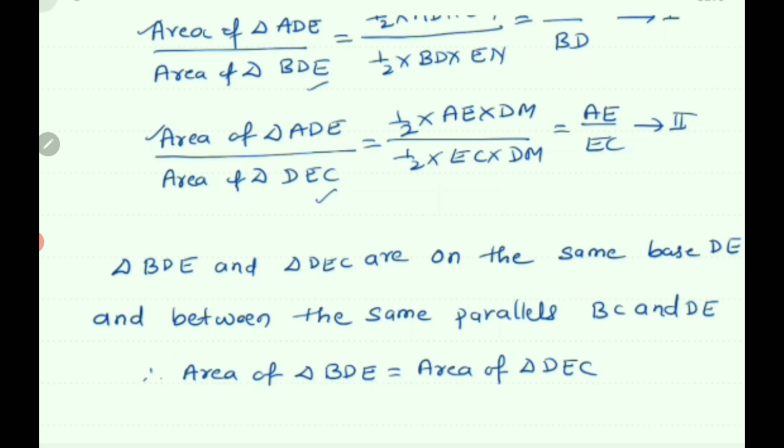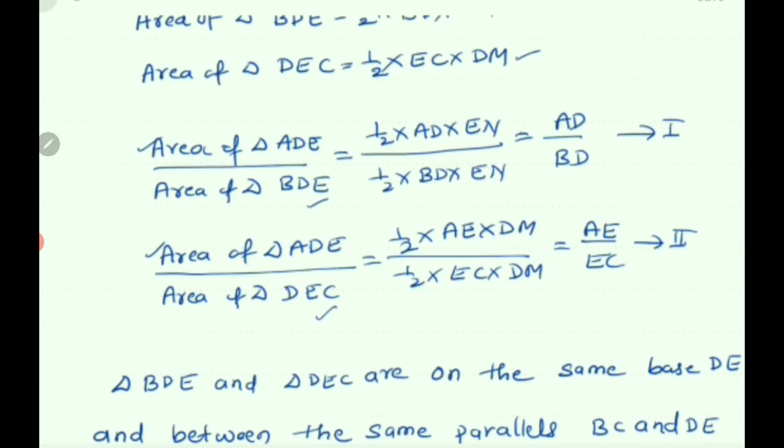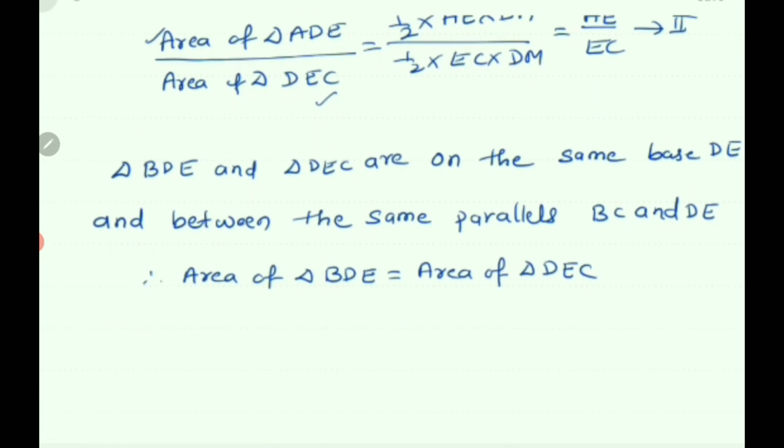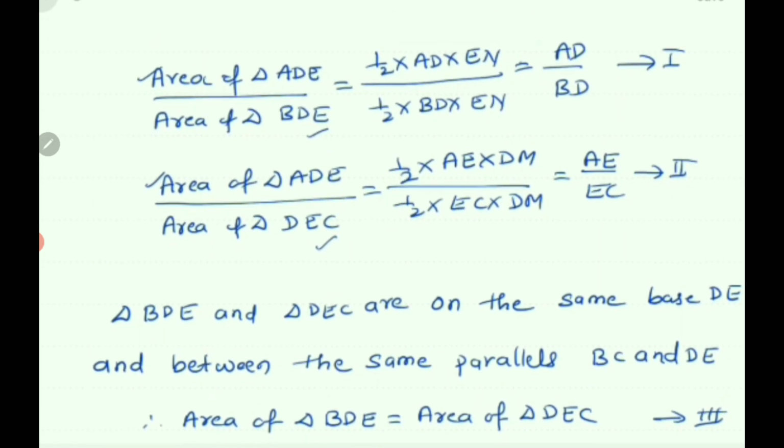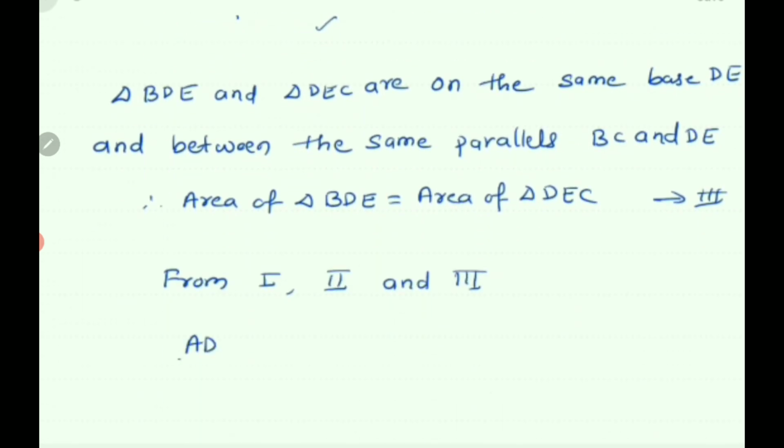Therefore, from first and second, keeping in view the area of triangles on the same base and between the same parallels, you can say that ratio 1 equals ratio 2. You consider this as the third. So from first, second and third, what you can conclude: the ratios AD by BD and AE by EC are equal.